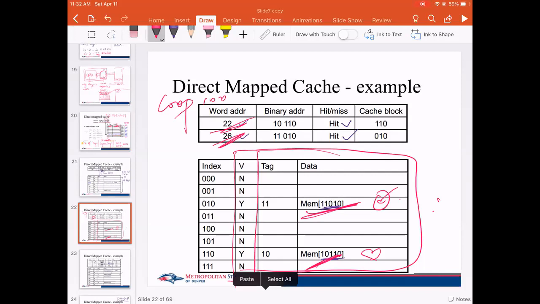It is pretty easy. It depends on how many times you loop, how many times you repeat. Suppose this only runs once, then your miss rate is 100%, because both accesses are misses. The first time you will have a miss, and the second time you will have a hit.